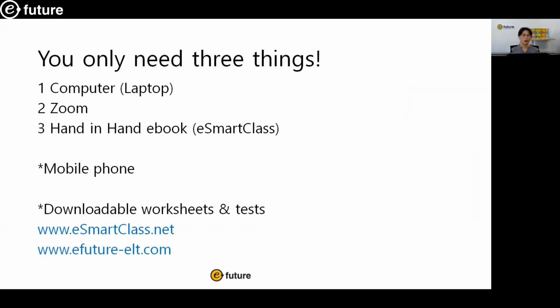So these are the things you need. You already have your laptop or computer, and you are already using Zoom. So we've got two things already. You just have to worry about number 3, the Hand in Hand ebook. It's available on eSmart Class, and about 60% of you are using eSmart Class, so I'm sure you are familiar with eSmart Class and the ebook.